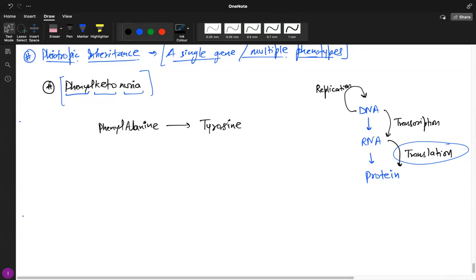So tyrosine is a very, very important amino acid in our body. And there are lots of pathways in which tyrosine is required, pathways which form our own enzymes, pathways which form our own muscles, pathways which also make energy from amino acids.